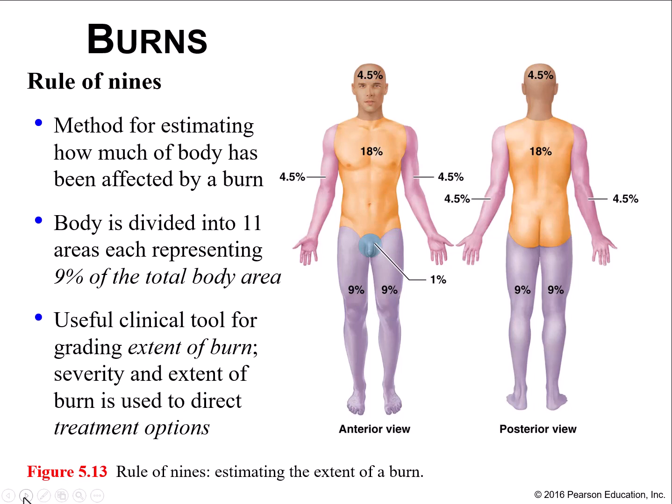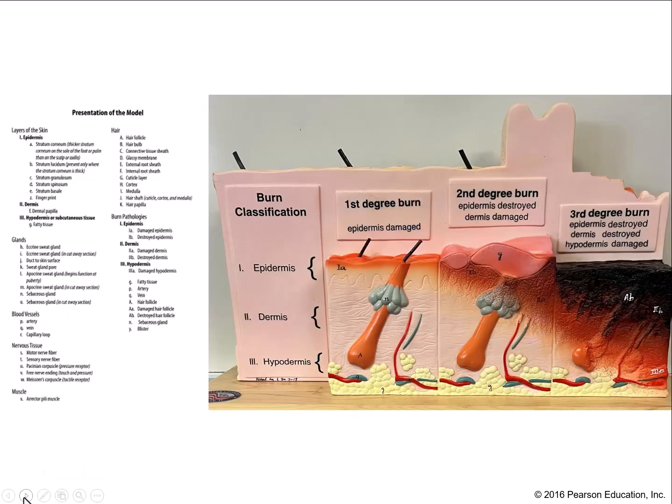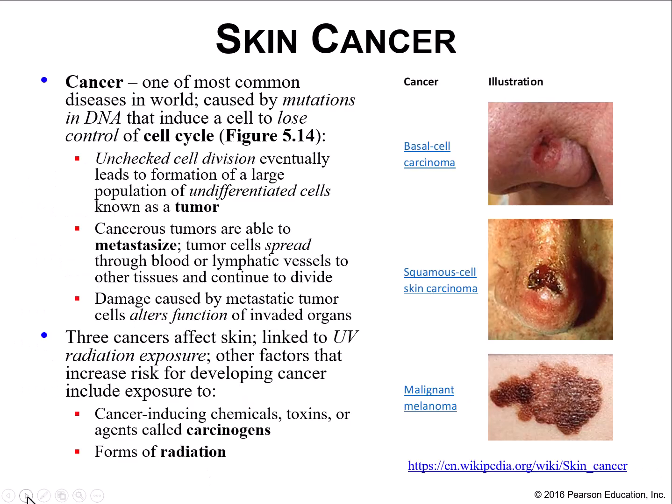That way everybody has the same percentages in their head when assessing burns. Our skin model also shows first degree burn, partial thickness with our second degree burn, and then complete destruction with our third degree burns. So you can see that on the back of the larger skin model in lab.